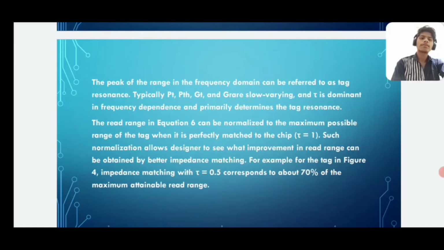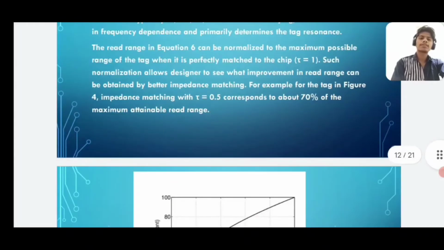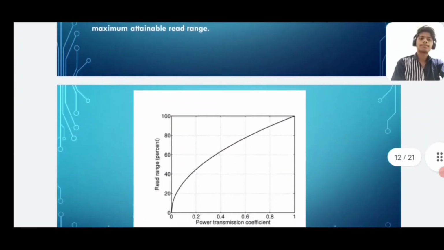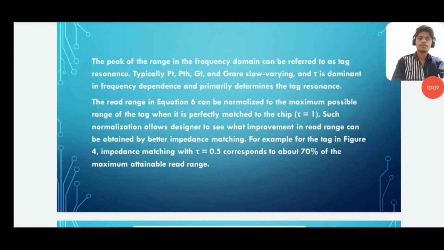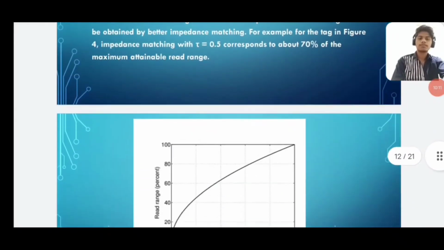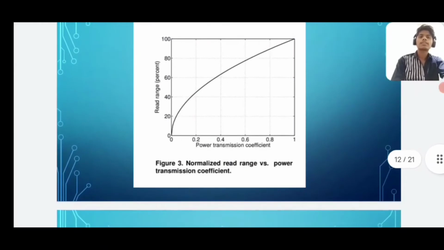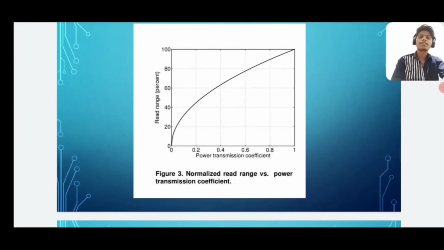For example, for the tag in figure 4, impedance matching with tau equal to 0.5 corresponds to about 70% of the maximum attainable read range. This is the graph of normalized read range versus power transmission coefficient.